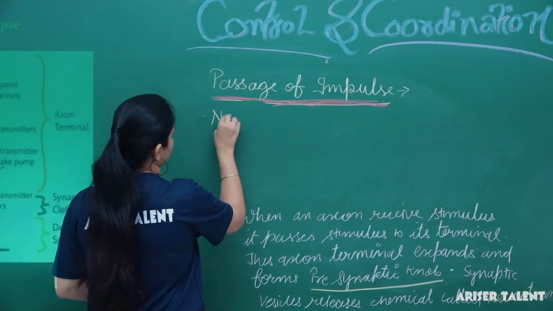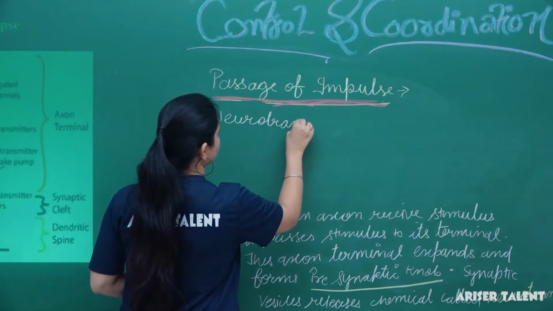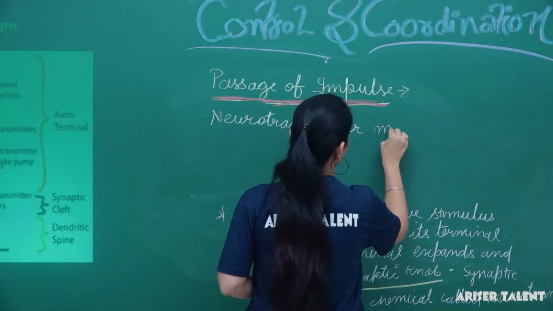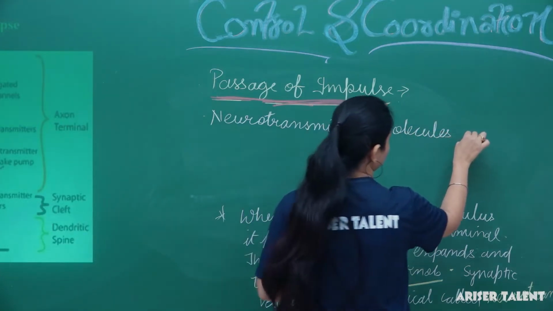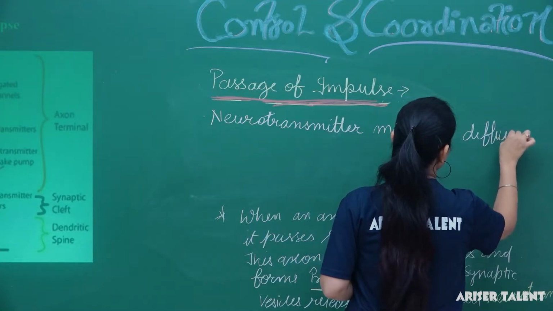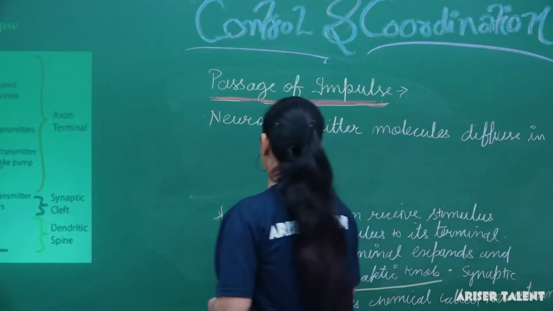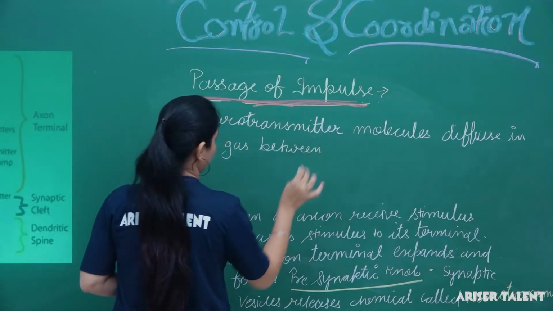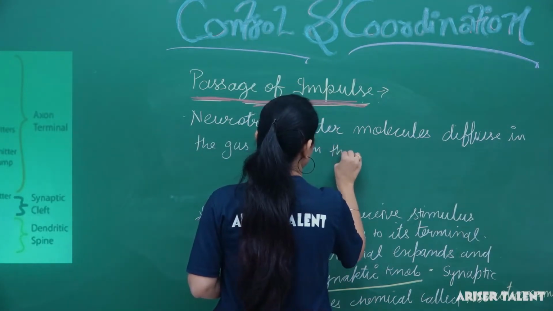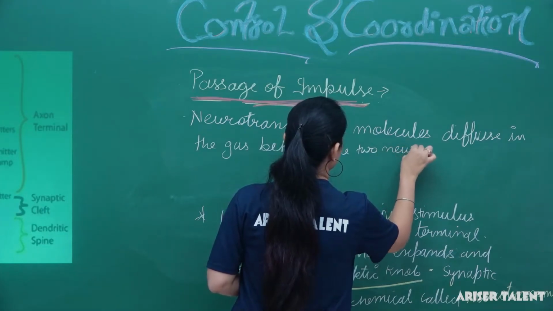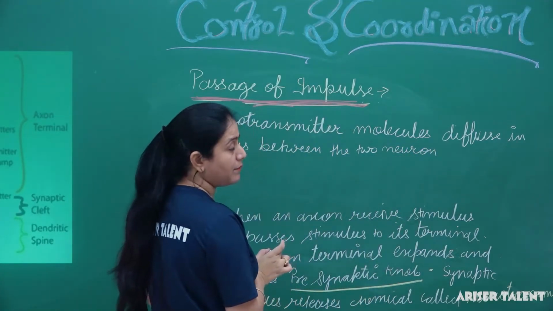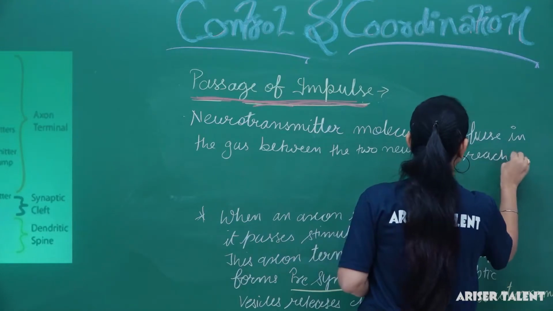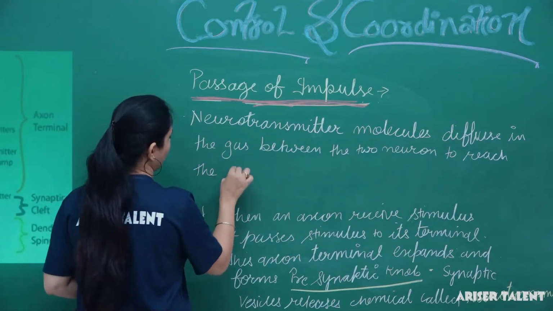Next, the neurotransmitter molecules diffuse in the gap between the two neurons, and this gap is known as the synaptic cleft, to reach the what?